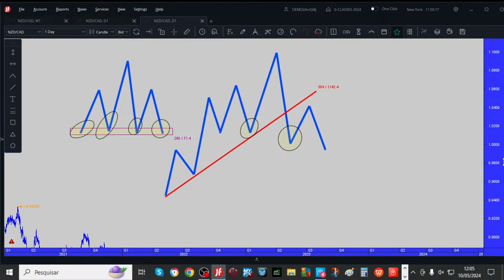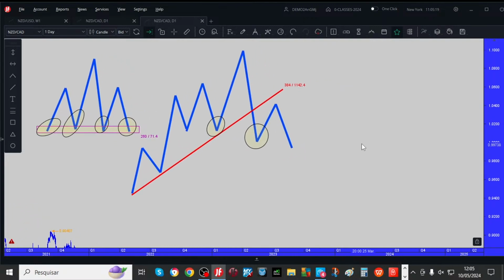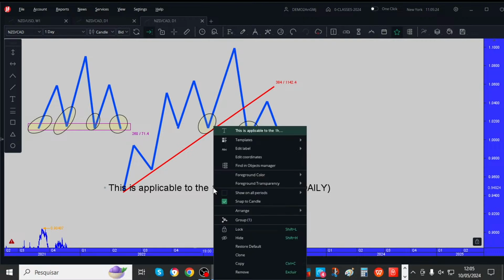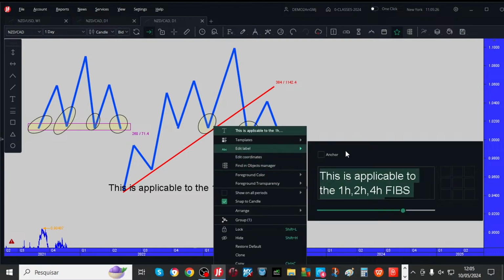Now, let's put some text again, which I don't like. Let's see what it's going to bring today. All right, so getting there.